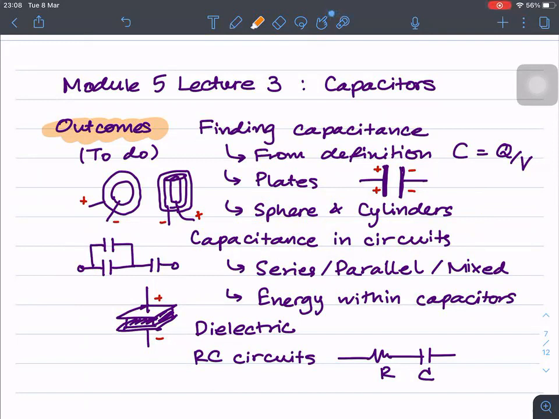And we'll be able to calculate the energy that is stored within the capacitors. Then we consider the dielectric materials that can increase the values of the capacitors. And finally, in the next lecture, we'll be talking about the RC circuits, which is also in lab 3 of the PHY 192 module.